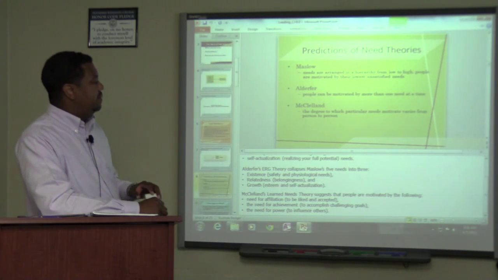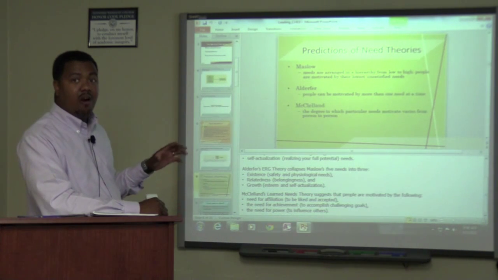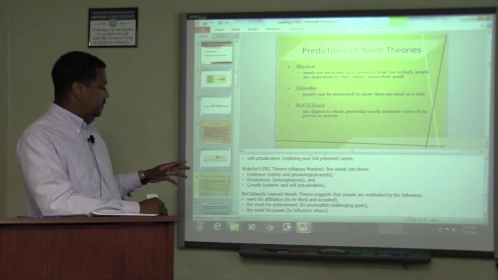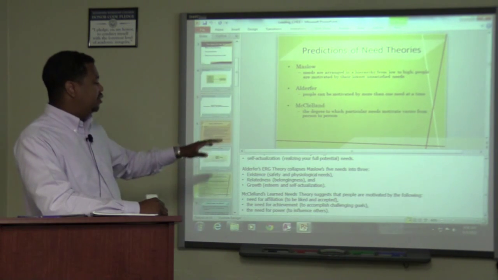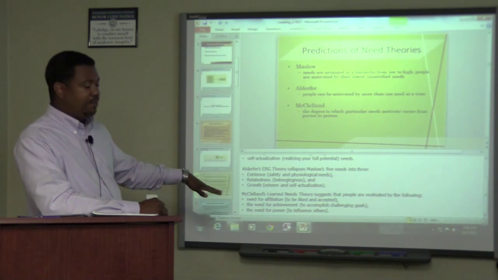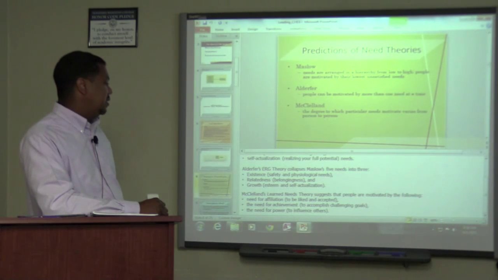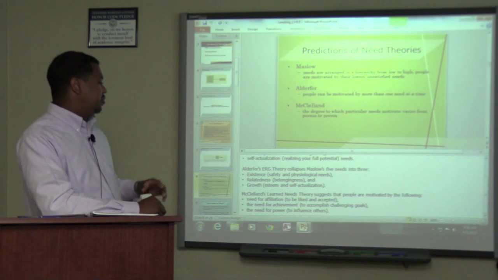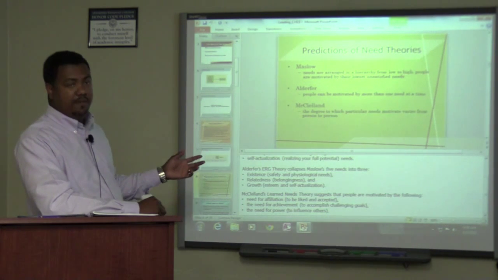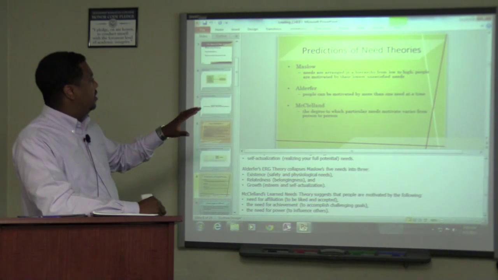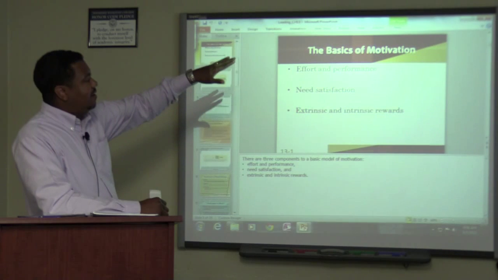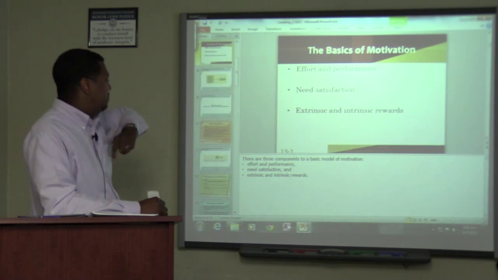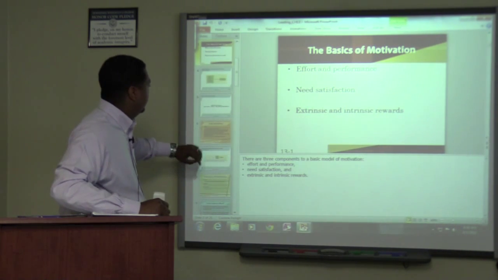His theory indicates that there is not necessarily a hierarchy of needs that exists for individuals, that individuals are all pretty much different and drift in and out of these particular needs depending upon the type of situation they are involved in. So certain individuals may have a need for affiliation, a need for achievement, and a need for power. So these are three good ways to think about how we create an understanding of the basics of motivation. Okay?